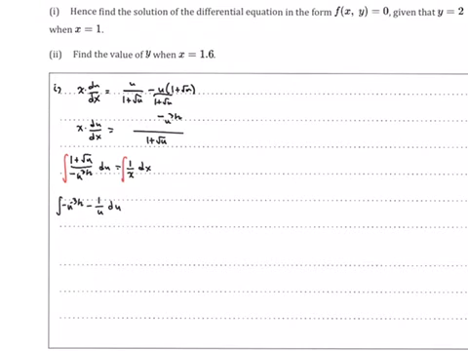If I integrate that, I'll get positive 2u to the negative 1/2 minus ln of u. And on the right side I had ln of x plus c.